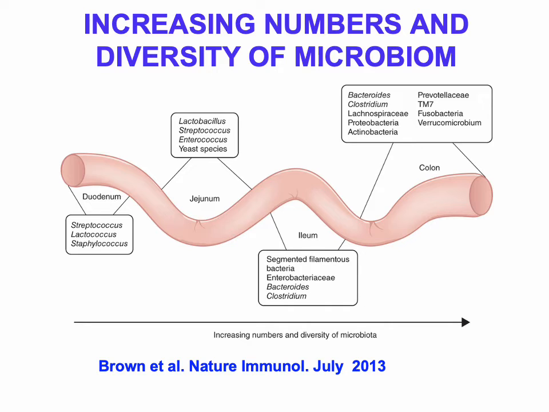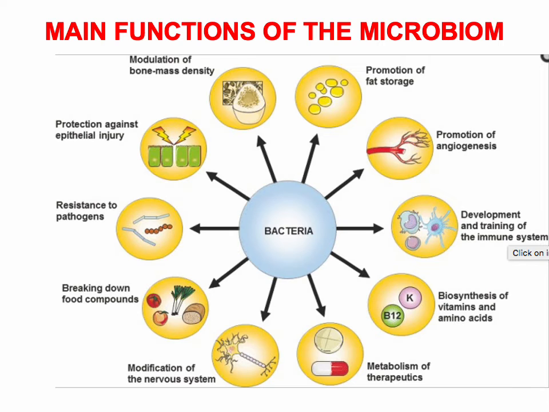Caudally, it increases. You see the different genera of bacteria. And here you have a summarizing figure of the main functions of the microbiome. You see that it is not only part of the digestion.